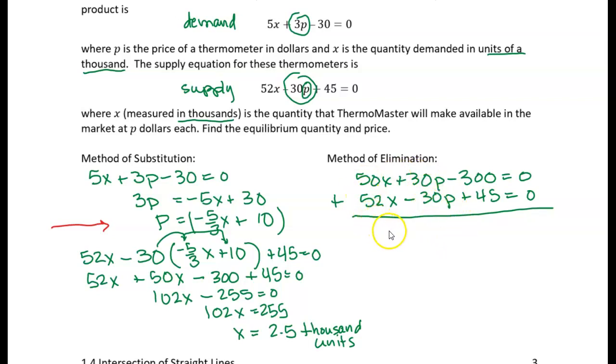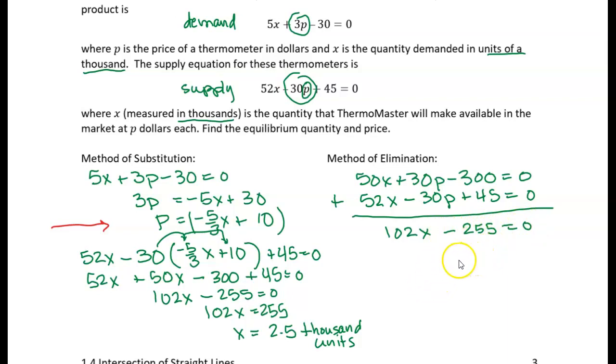All right. So if I do that, I'm just going to add like terms. So I have 50x plus 52x is 102x. The 30p minus 30p becomes 0. That was my goal, so that's why I multiplied the first one by 10. And then negative 300 plus 45 is a negative 255 equals 0.